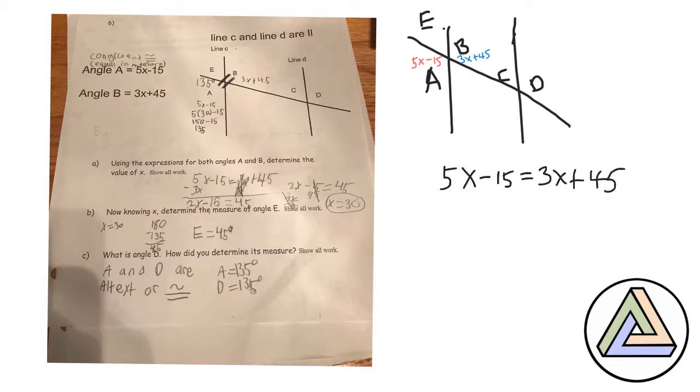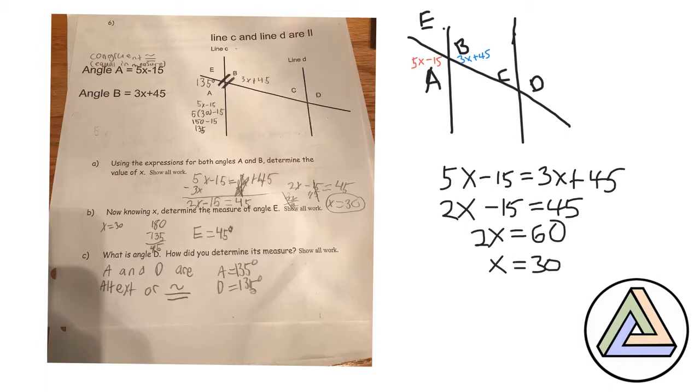I'm going to subtract 3x from both sides right now. That would give me 2x minus 15 equals 45. I'm now going to add 15 to both sides, and that would give me 2x equals 60. And then dividing both sides by 2 would give me x equals 30. So that's x. X is 30. No question about that.